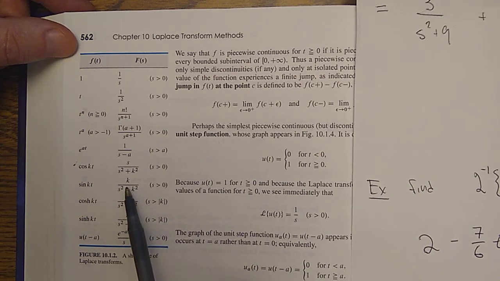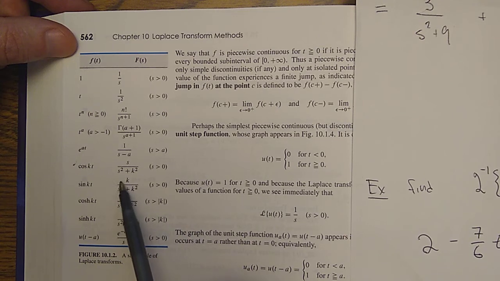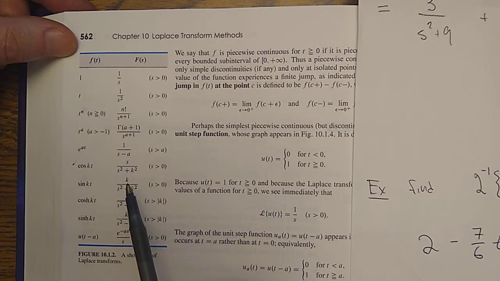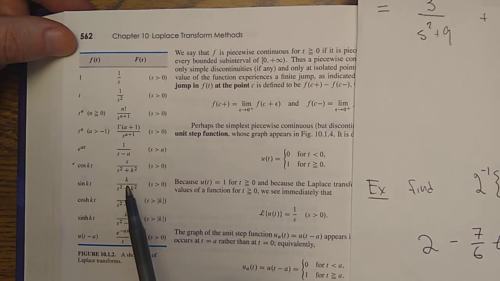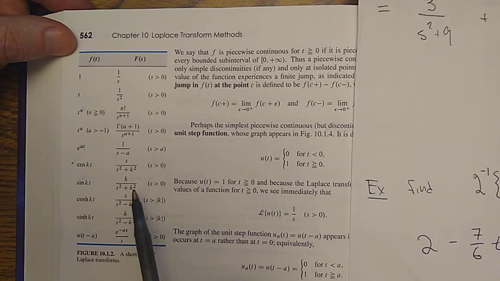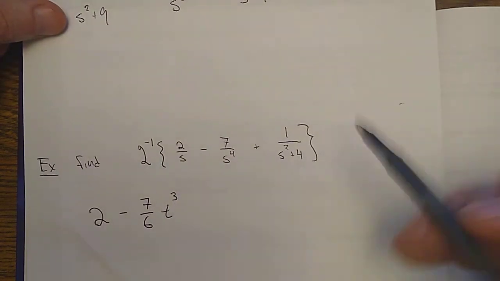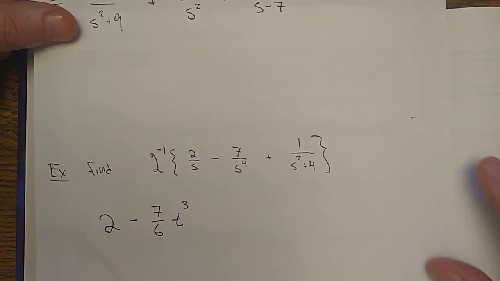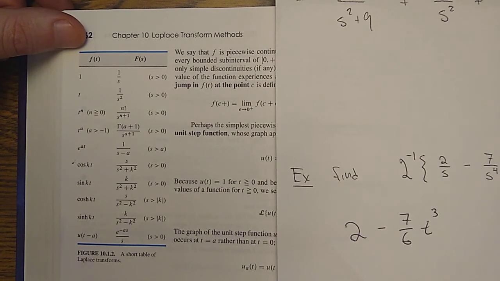So now I'm thinking it's more like this. The sine, not the cosine. Cosine has s's in the numerator, so I'm looking at the sine. Now, it seems to me that k should probably be 2 because I'm looking at s squared plus 4, and so k squared is 4.